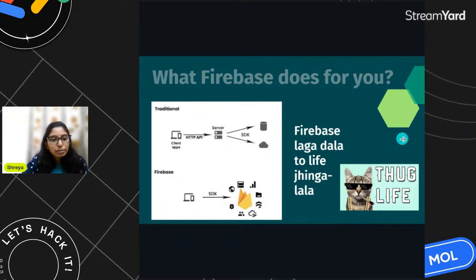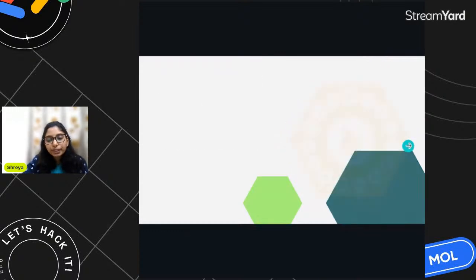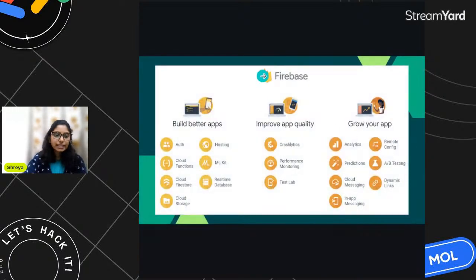Now let's see some of the features of Firebase. There are multiple features, however we will see just the important ones which are mostly used. To build a better app, first of all, authentication, as I told you.